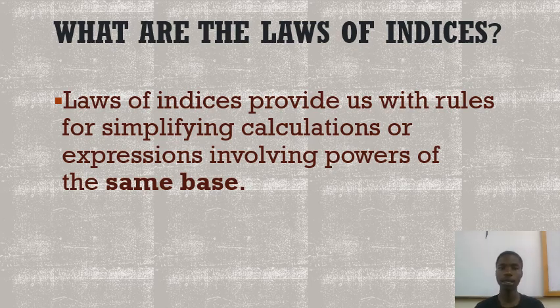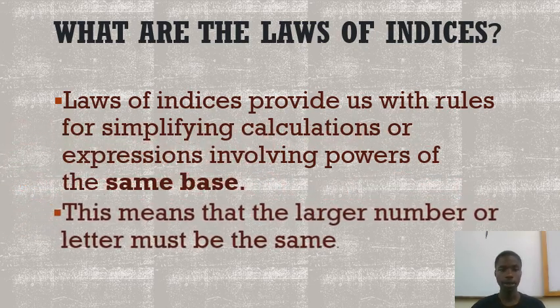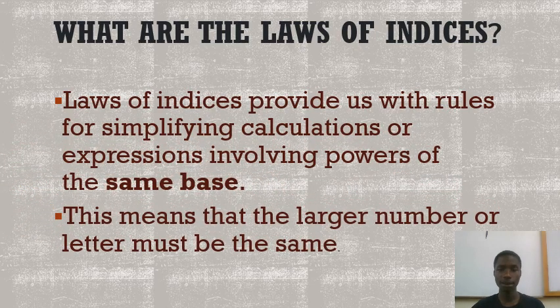That's why we say laws of indices provide us with rules for simplifying calculations or expressions involving powers of the same base. This means the number or letter must be the same.